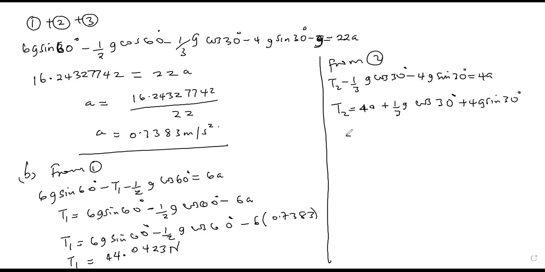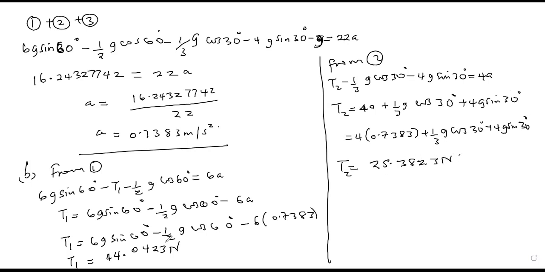This is 4 times acceleration, which is 0.7383, plus a third G cos 30, plus 4G sine 30. Putting this on the calculator will get you T2 as 25.3823 newtons.